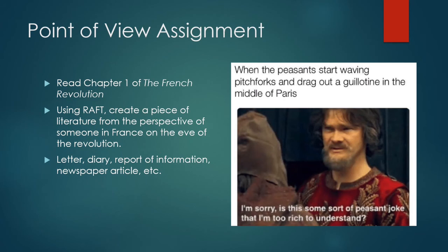All right, so after you read chapter 1, I want you to use this format, the RAFT format, to create a piece of literature from the perspective of someone in France on the eve of the revolution. It can be a letter, like what you just read from earlier. It could be a diary. It could be a report of information, newspaper article, anything you can think of.